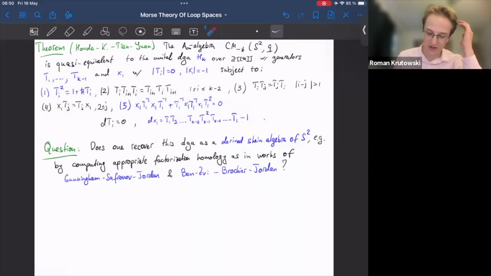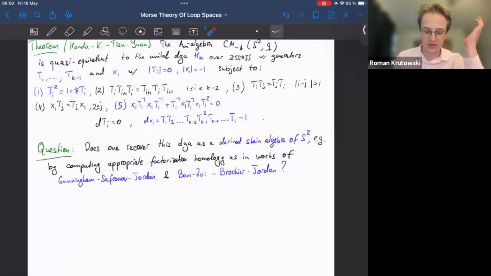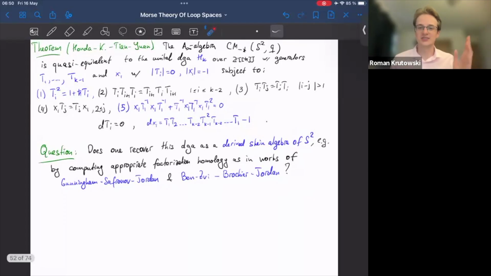So we would like to state, as before, that this DGA is quasi-equivalent to something coming from skein theory, but unfortunately we cannot, because I don't think it was computed.